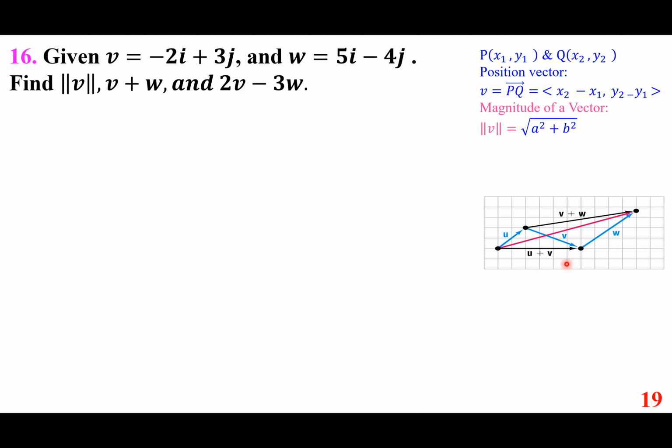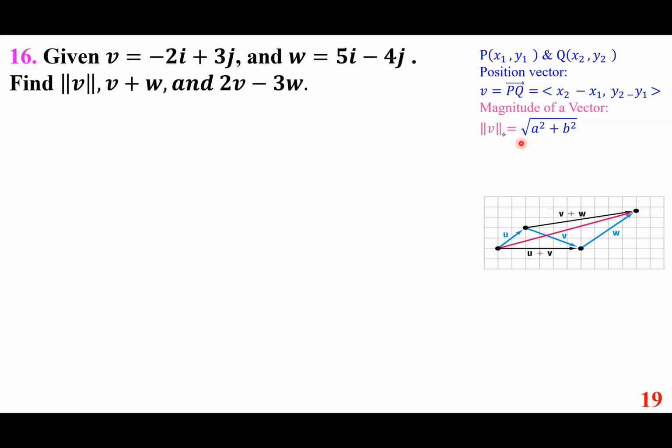As far as vector addition is concerned, the associative and commutative properties both work. For U plus V plus W, you start with one of them, and then the initial point of V goes to the terminal point of U, and then the initial point of W goes to the terminal point of V, and you connect them, and the resulting vector would be from the initial point of U to the terminal point of W, just to give you an idea.